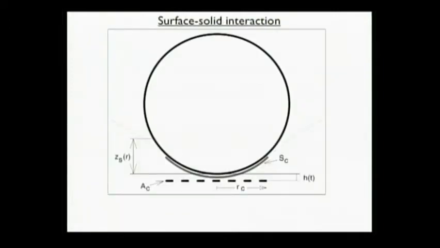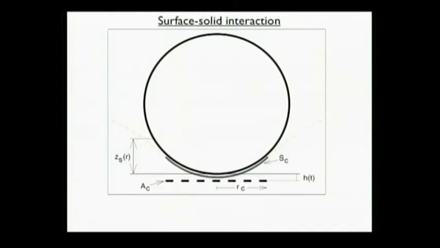The approach is basically to look at the solid ball as a sphere that doesn't deform, which, while impacting the free surface, will have a contact area. Throughout that contact area, the free surface will match the surface of the ball.